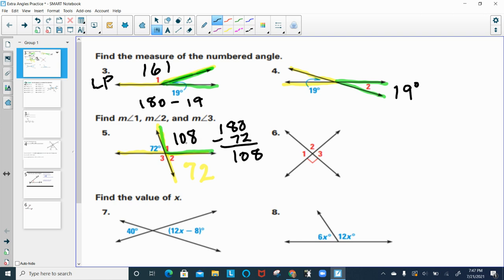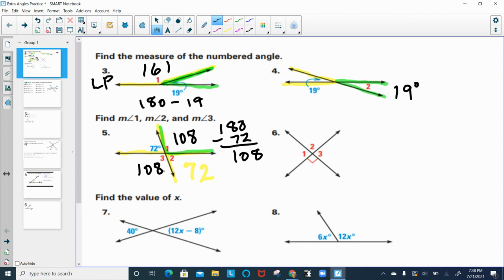But then what's going to happen from here with angle 1 to angle 3 is we're going to have vertical angles again. So what you really have is vertical along this diagonal and vertical diagonally this way. And then you have actually 4 linear pairs. You have a linear pair here up above.